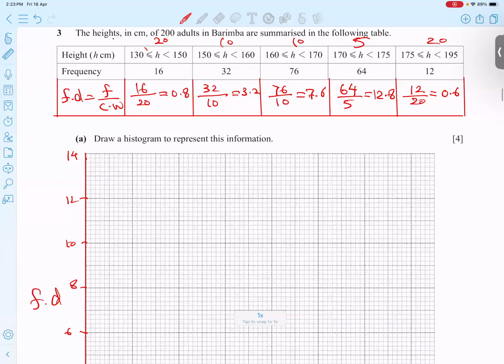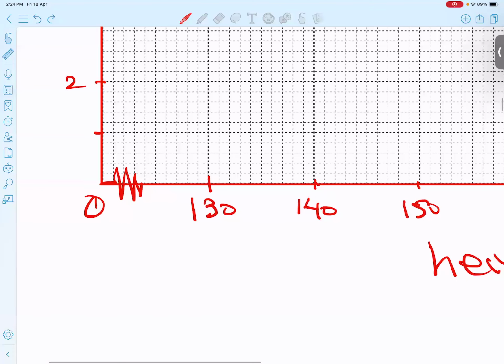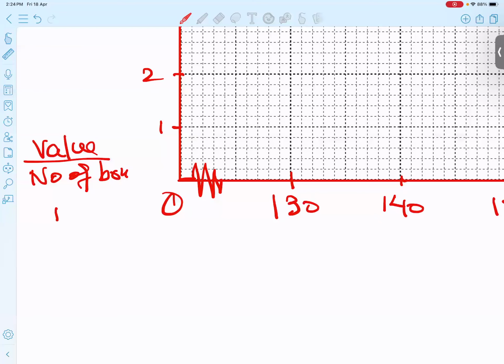So 1 divided by 5, I get 0.2. So 0.2, 0.4, 0.6, 0.8. Make sure the whole diagram along the y-axis follows this. One small box is equal to 0.2. So 0.8 I'm looking for, and 0.8 is here, and I have to go till 150.